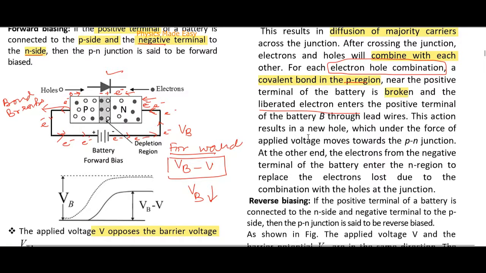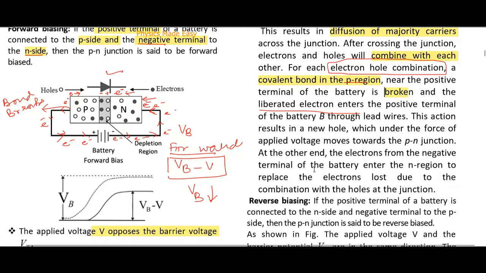This action results in creation of a new hole, and this moves towards the junction. Now at the other end, the electron from the negative terminal of the battery is released as I have shown in this diagram, and this enters the end region. This electron makes up for the loss of the electron which has crossed the barrier.